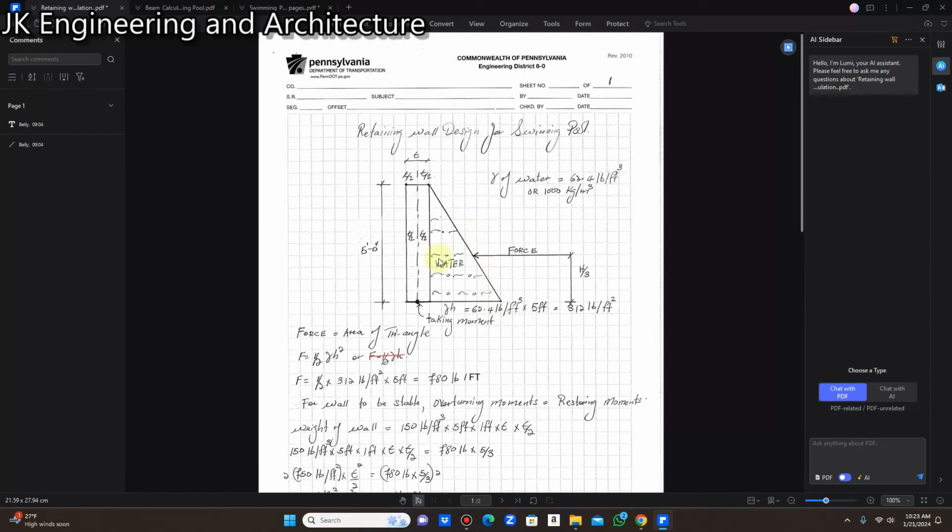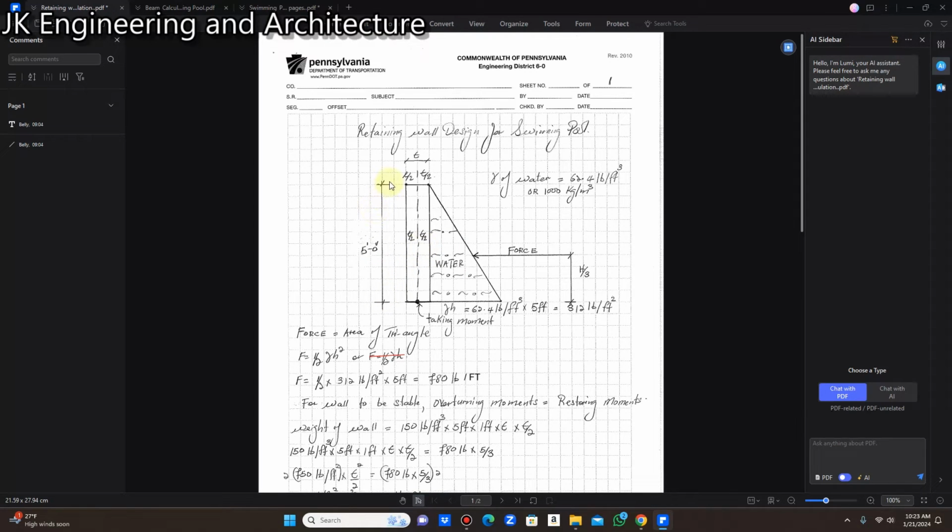Now, to withstand the weight of the water, we have to design the thickness of the wall, because the only thing we have to resist the weight of the water resting on the wall is the weight of the wall itself.